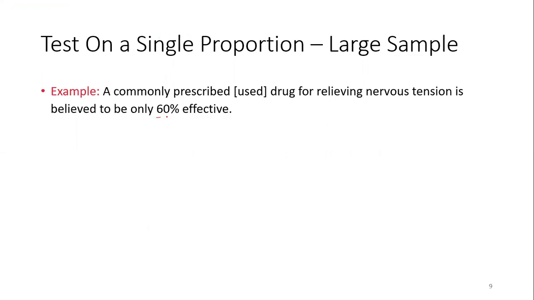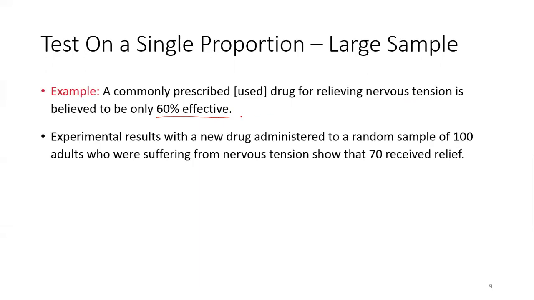So for those who have nervous tension, the common drug's effective rate is 60%. Experimental results with a new drug administered to a random sample of 100 people suffering from nervous tension show that 70 of them received relief. So what does this mean? This means that p hat is equal to 0.7.